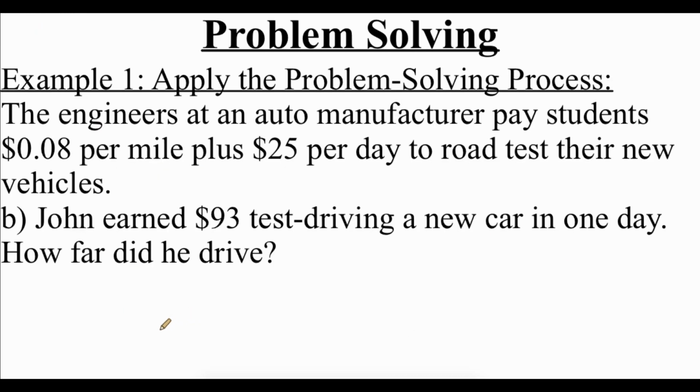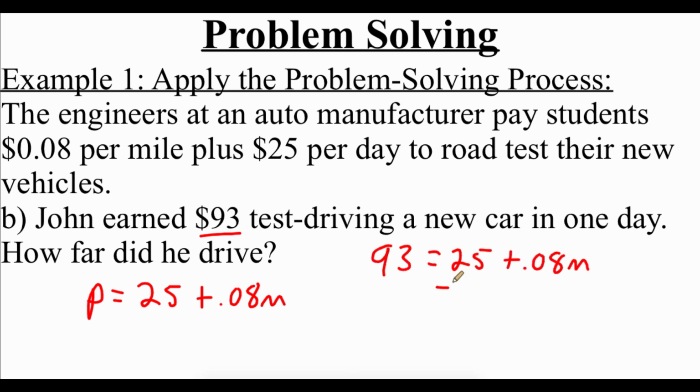Okay, very similar setup here, except we're looking for something new. This one says that John earned $93 test driving a new car in one day, and we want to figure out how far he drove. So we're going to use the exact same model that we came up with before, except this time we don't know how many miles John drove, but we do know how much he got paid in that day. So this $93 is actually a p-value, so we're going to plug that in on the left-hand side.